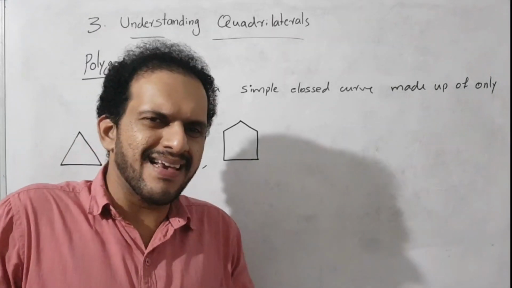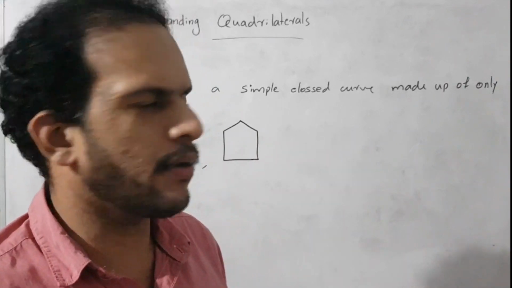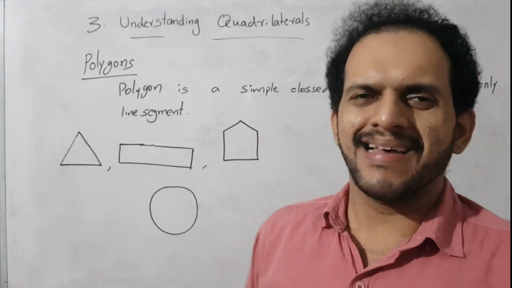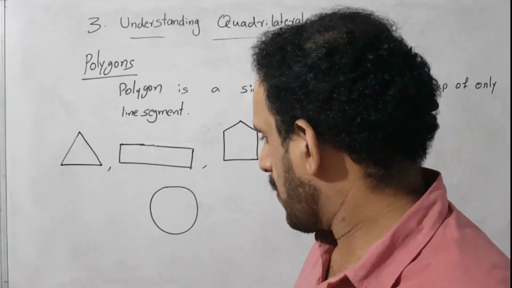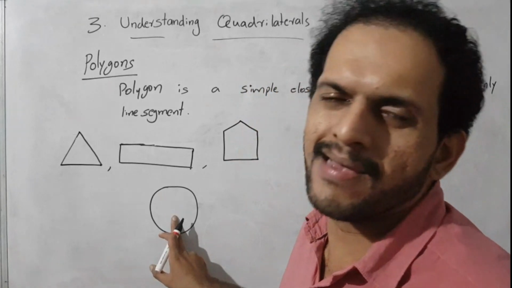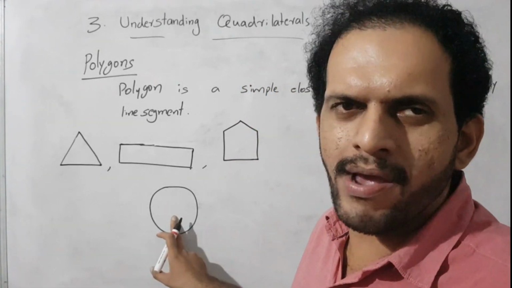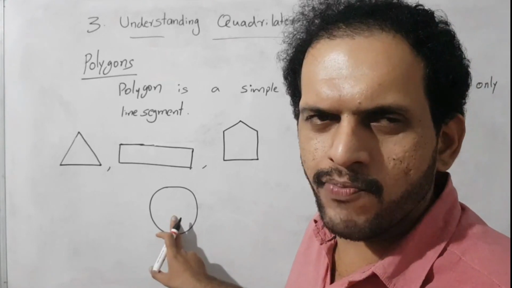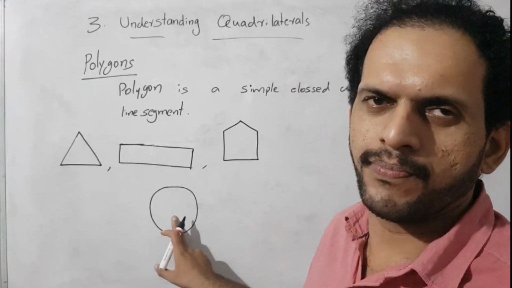Circle, is a circle a polygon? No. Why? Yes, it's a simple closed curve, but we make this figure not by using line segments, correct?